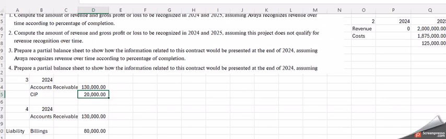And if we couldn't record it till the end, then we would be debiting the accounts receivable and crediting this billings account. Okay, so that is not all of the special examples, but it gives you a little flavor of each one. So hopefully that helps.